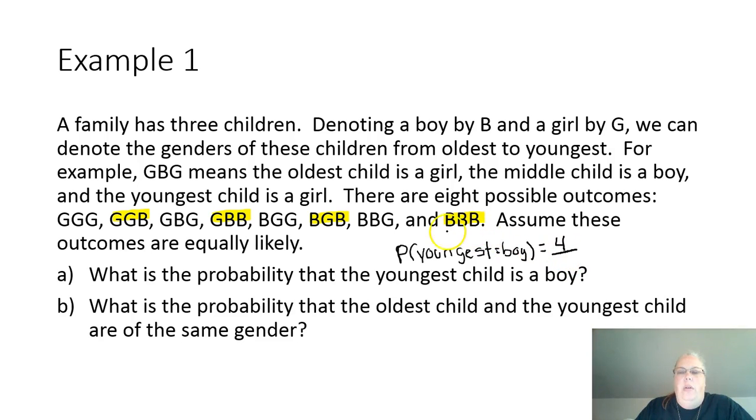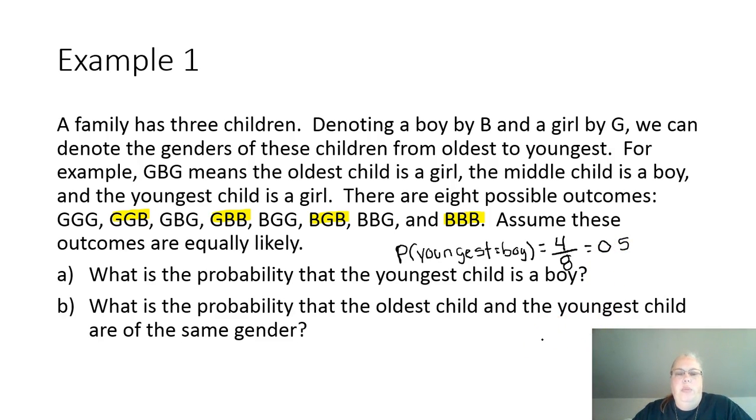And there are 1, 2, 3, 4, 5, 6, 7, 8 of them. So the probability is 4 over 8, or 0.5.